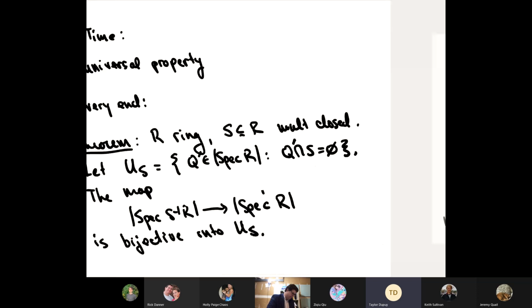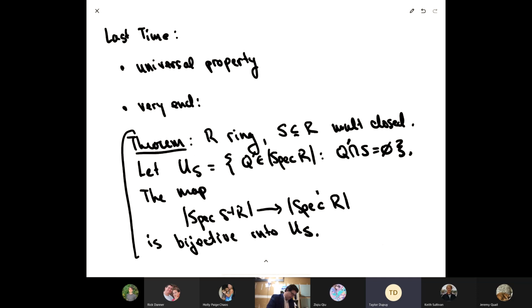So what I wanted to prove is this thing. I showed part of this last time, but it wasn't quite complete, and I need to show that this is a bijection.